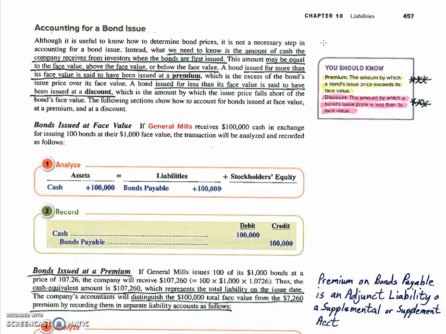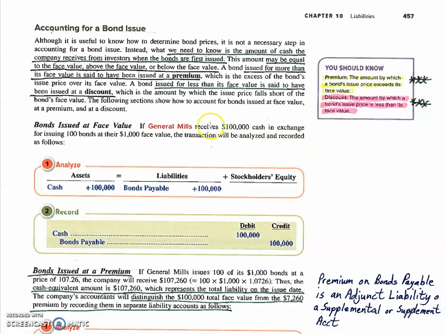Now, discount, the amount by which a bond's issue price is less than its face value. By the same token, if that $1,000 bond sells for $925, then we would have a $75 discount. Now, again, that premium or discount is really just an adjustment in the interest rate.